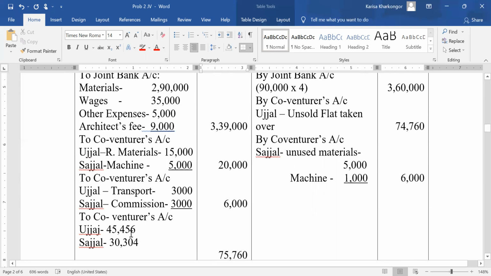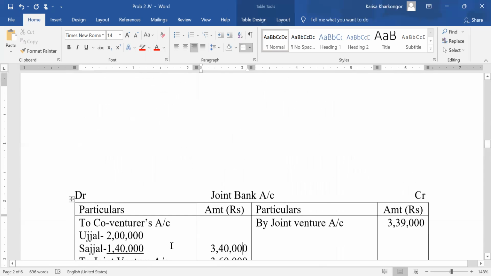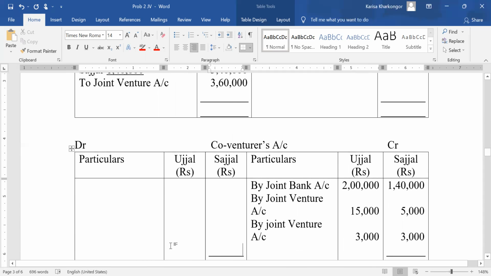So we still have to make entry for the transfer of profit in the profit sharing ratio, and also entry for the flat taken over by Ujjwal, and also materials and machine taken over by Sajal. So for the debit entry, we'll make a credit entry in the joint bank account. For the credit entry in the joint venture account, we will make a debit entry in the co-venturers account.